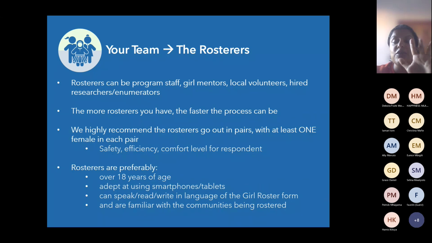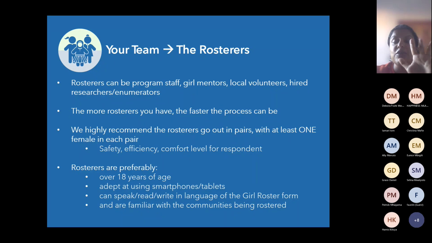We highly recommend, like I said, that the team goes out in pairs. And this is really important: there should be at least one female in each pair. This is not only for safety and efficiency, but it's for the comfort level of the respondent. So whoever you are speaking to is ideally going to be female, and they are probably only going to feel comfortable talking to another woman.